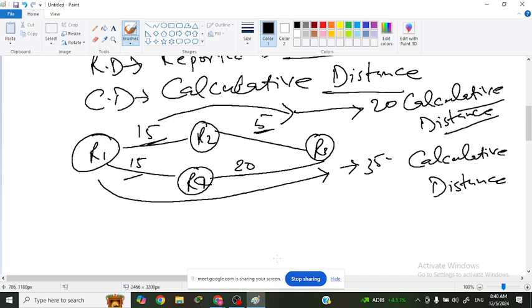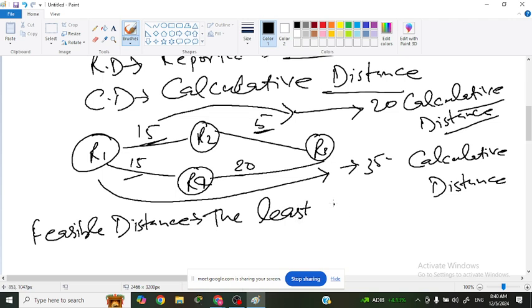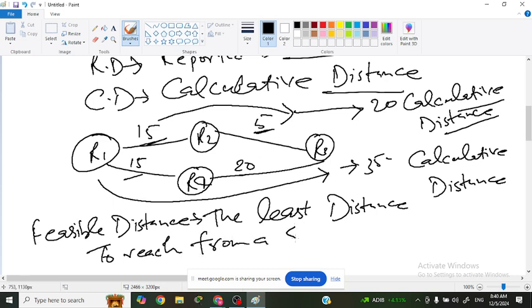The second distance is the feasible distance: the least distance to reach from a source to destination.